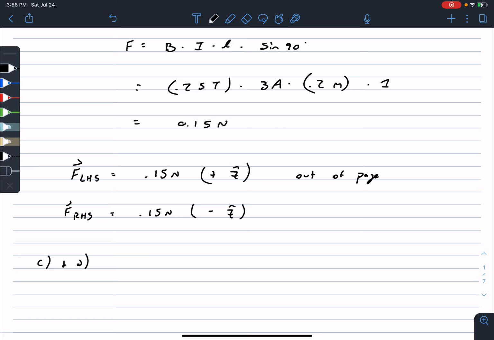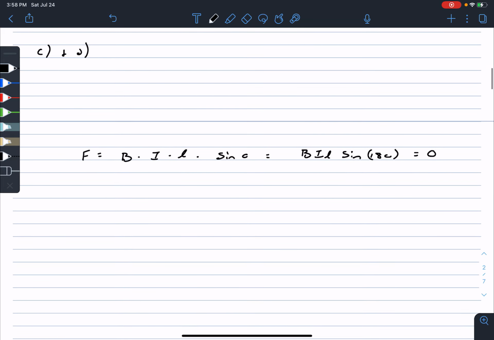Now that we need to find the net torque, torque is equal to B times I, and instead of L, it's area of the loop, sine of the angle, which we know is going to be 1, because we're talking about the B field that goes this direction and the current that either goes down and up or up and down.